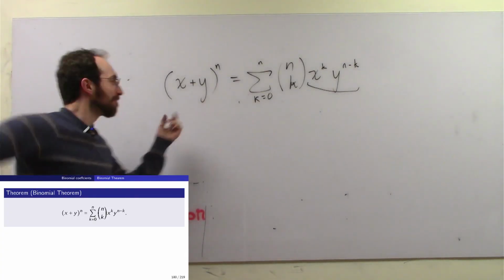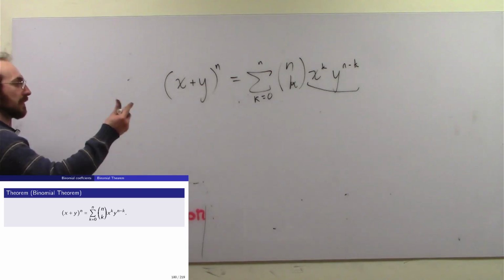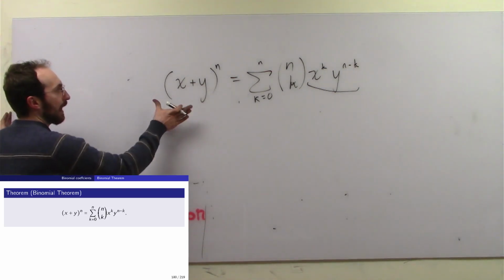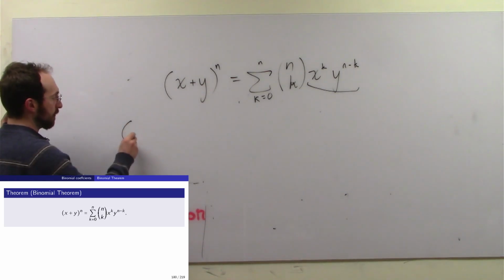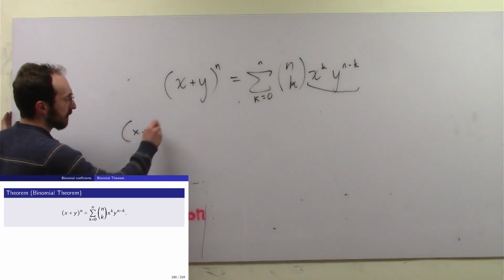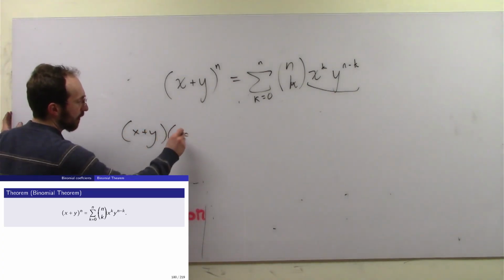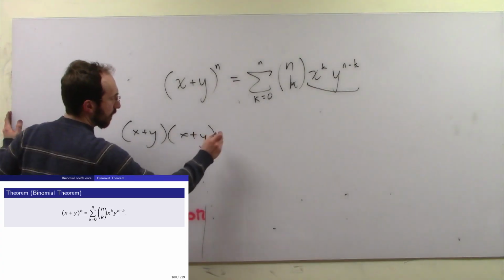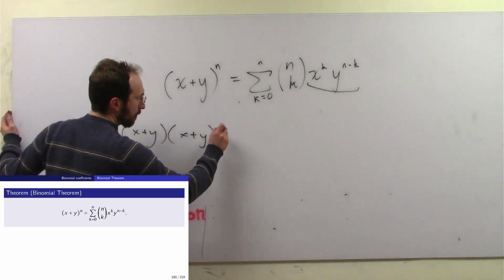Well, let's think about it like this. x plus y to the n is a product with n versions of x plus y.